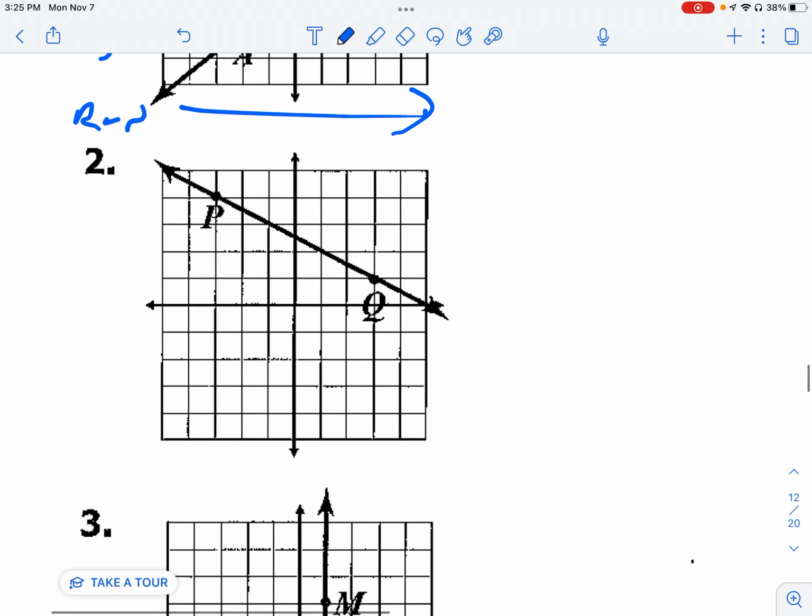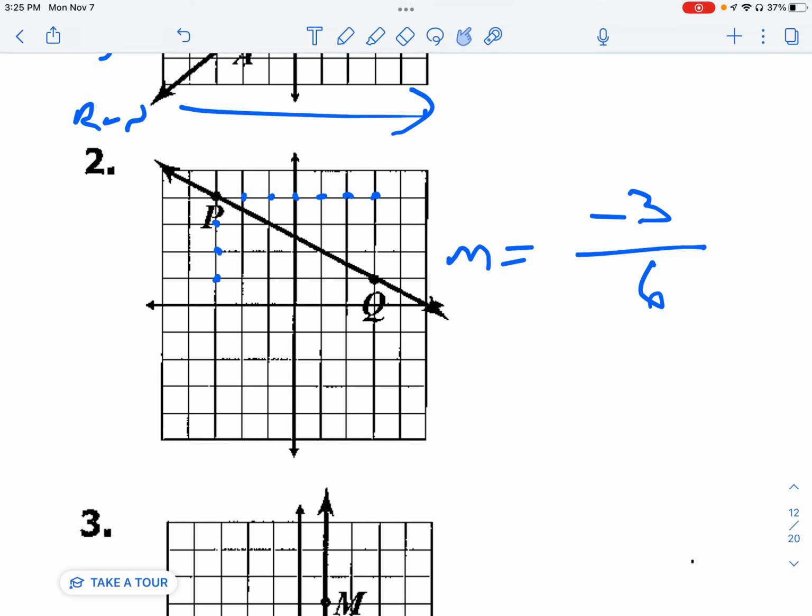Now let's look at number 2. Now the rise, as you can see, it goes 1, 2, 3. It goes down 3, so that's a negative 3. 1, 2, 3, 4, 5, 6 over 6.